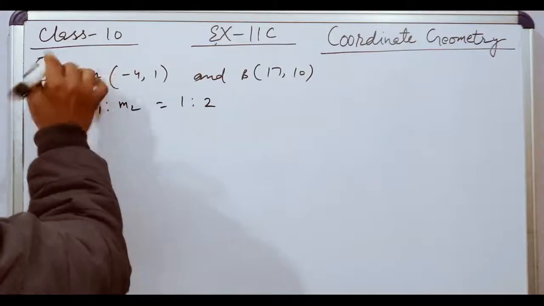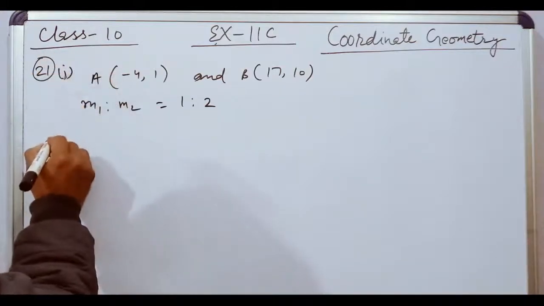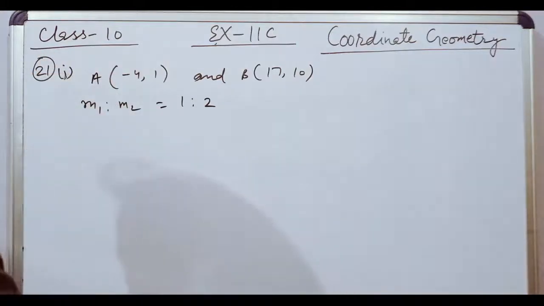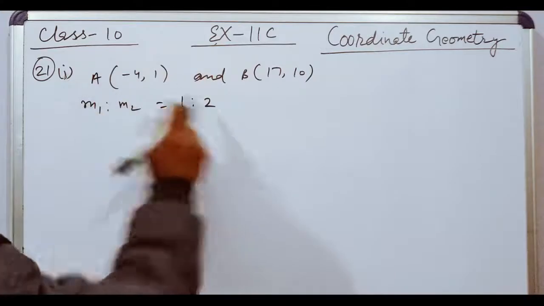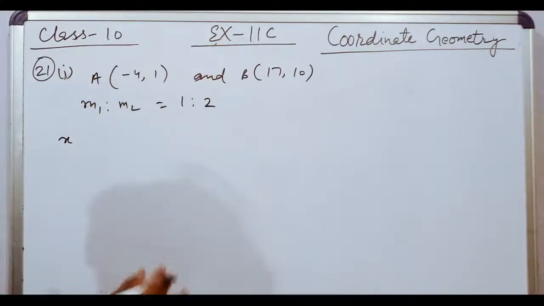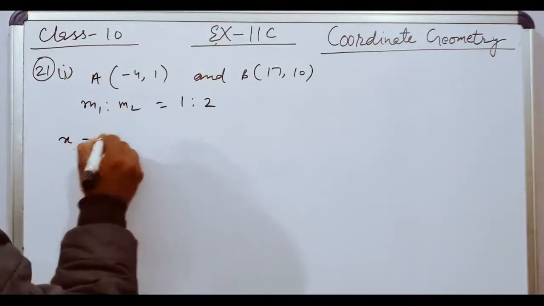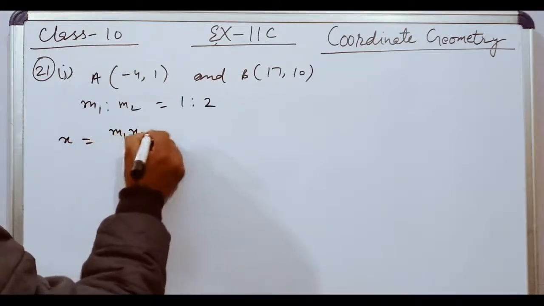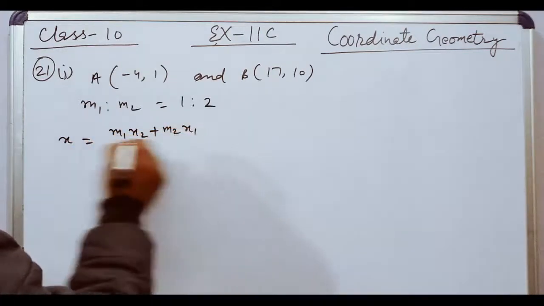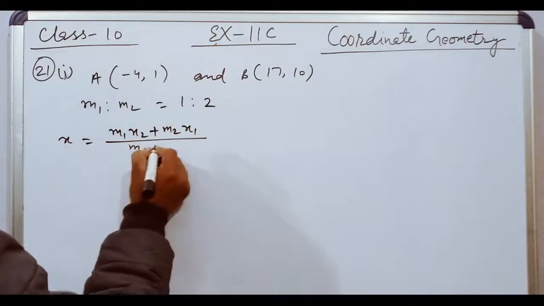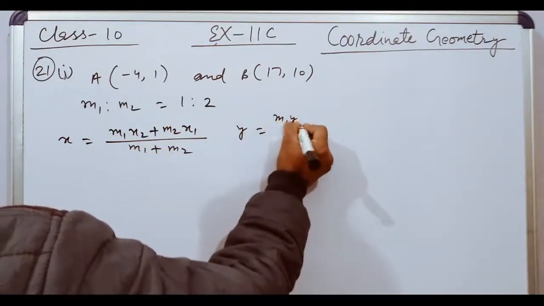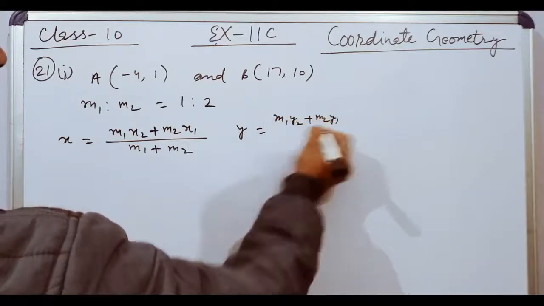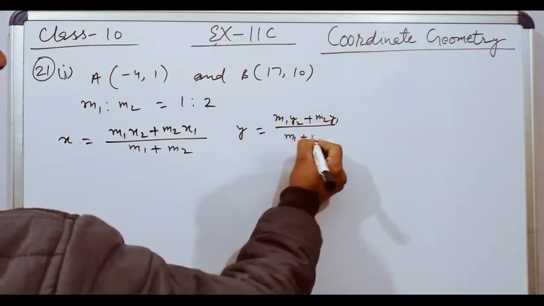First we will find the coordinates of P. You know the formula from previous exercises: x equal to (m1 x2 plus m2 x1) upon (m1 plus m2), y equal to (m1 y2 plus m2 y1) upon (m1 plus m2).